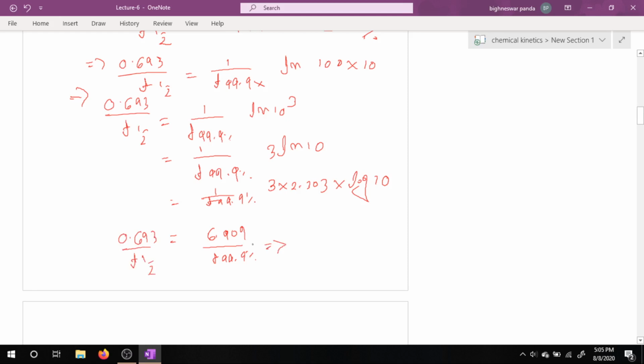So by comparing both sides, I can have t 99.9% equal to 10 times of t half.